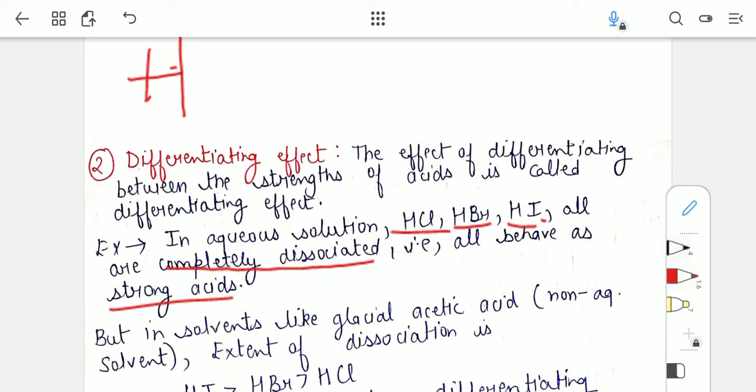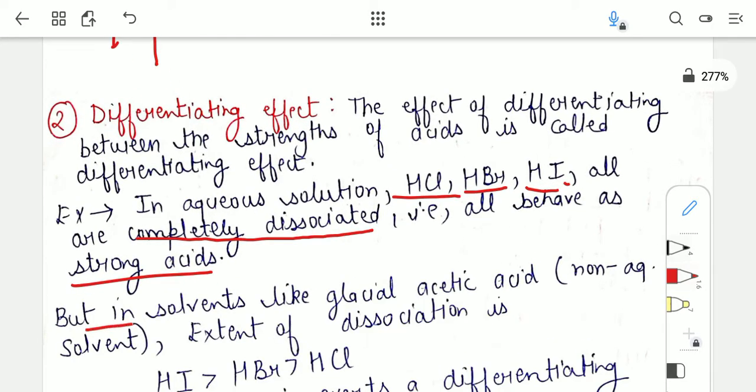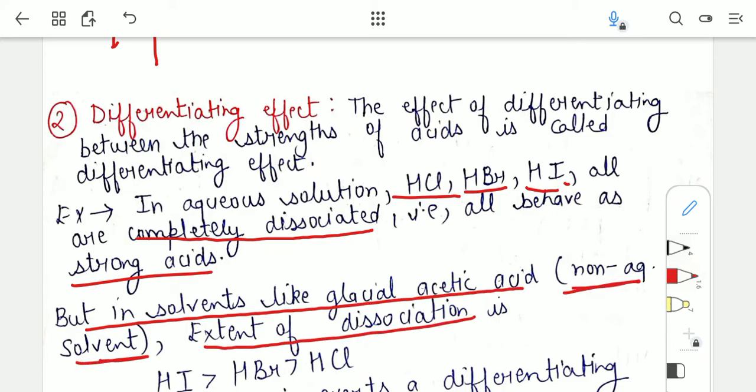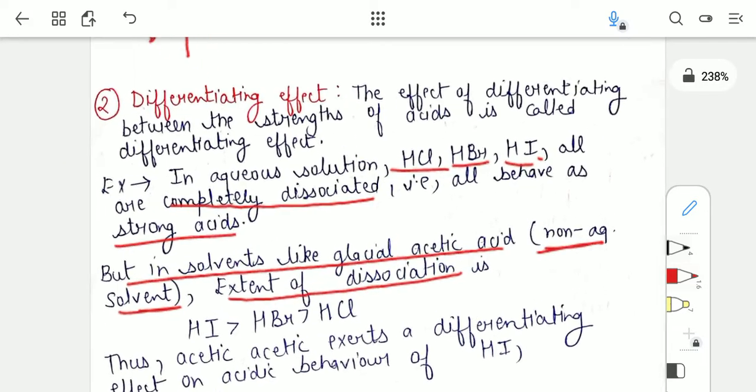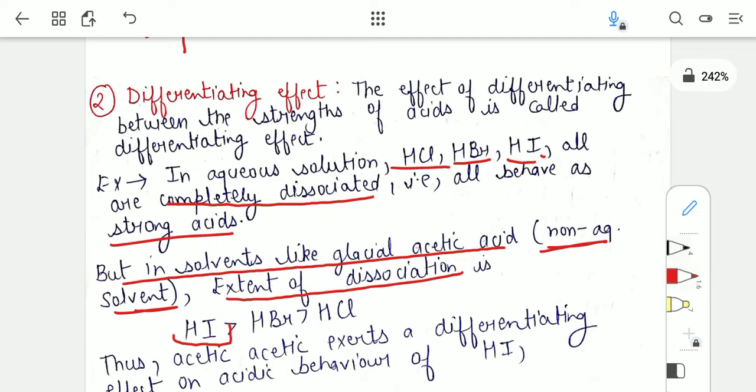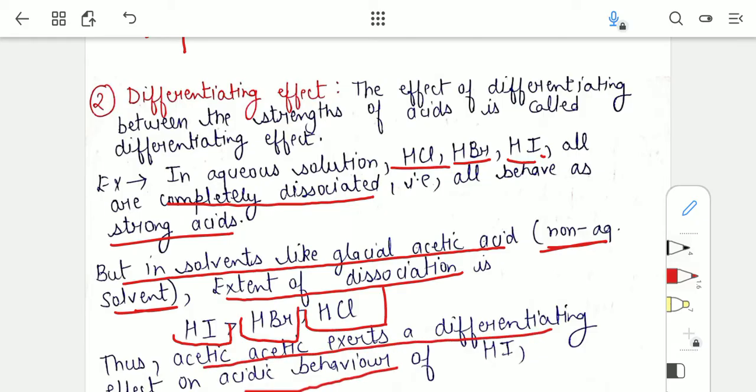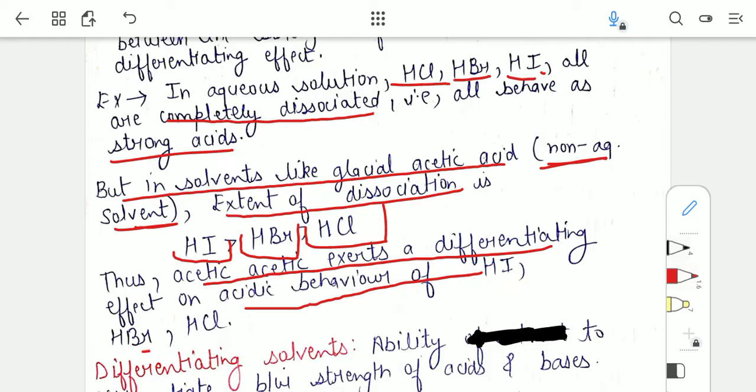But in solvents like glacial acetic acid, which is a non-aqueous solvent, the extent of dissociation is such that hydrogen iodide dissociates more than hydrogen bromide, which dissociates more than hydrogen chloride. This means that acetic acid exerts a differentiating effect on the acidic behavior of HI, HBr and HCl.